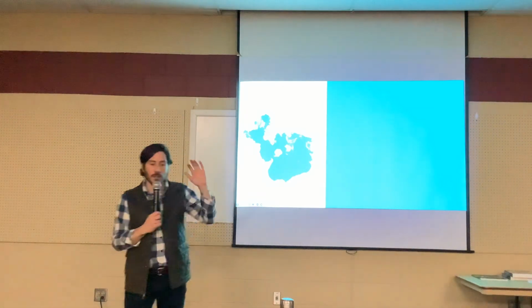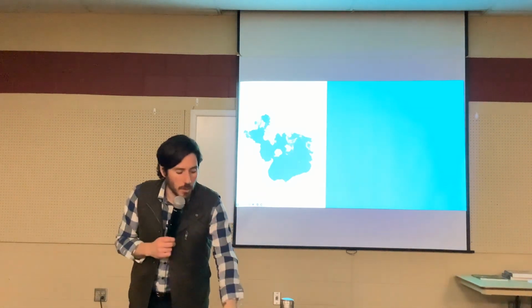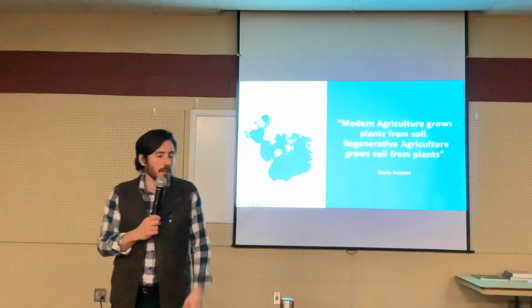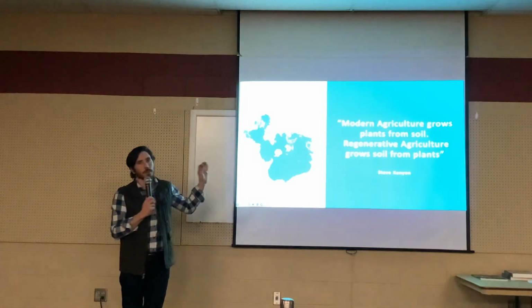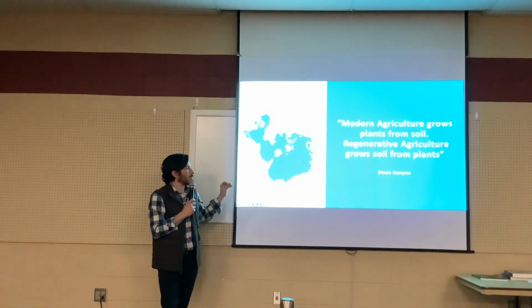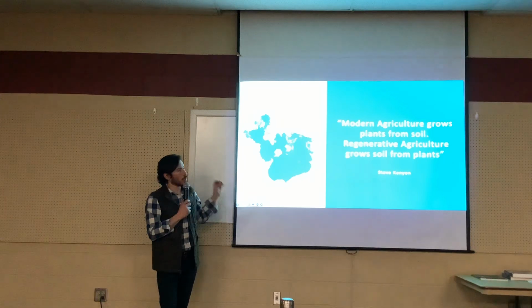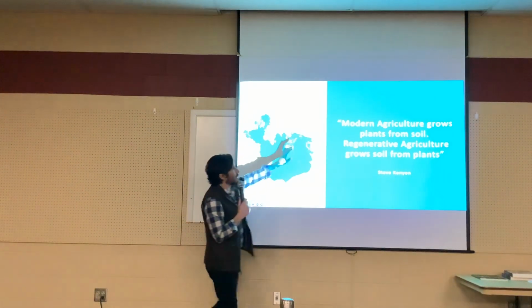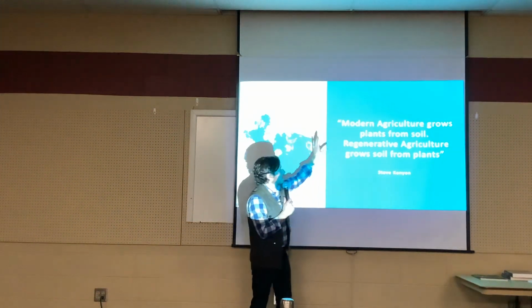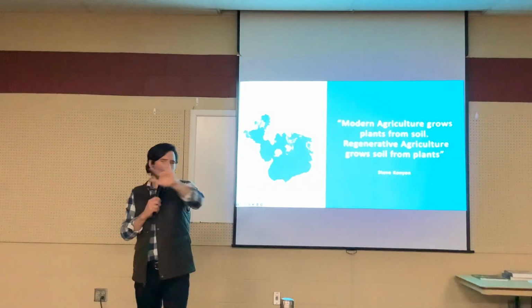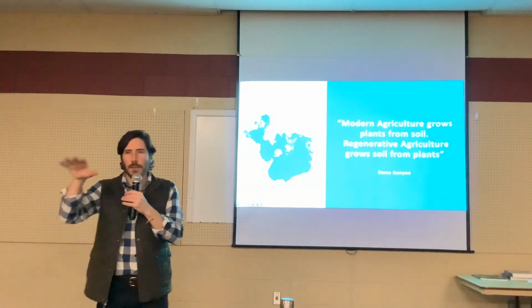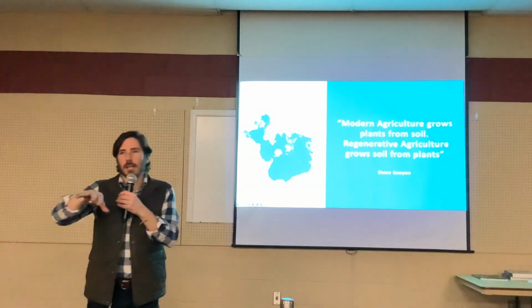And I think that's captured really nicely, this idea, in this quote. This is from a Canadian rancher in Alberta, Steve Kenyon. Modern agriculture grows plants from soil. Regenerative agriculture grows soil from plants. So there's our bottom-up view, and here's our top-down view. Therefore, if we want to improve soils, we can improve the management of plants.